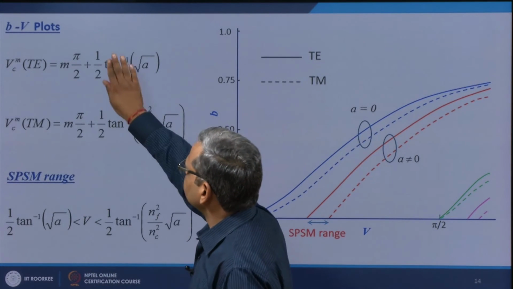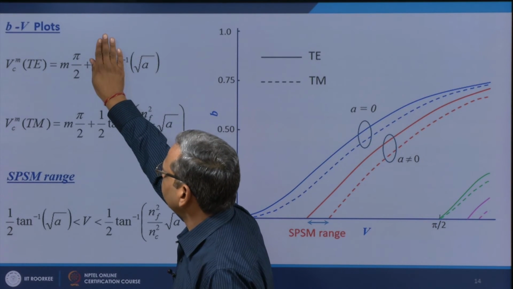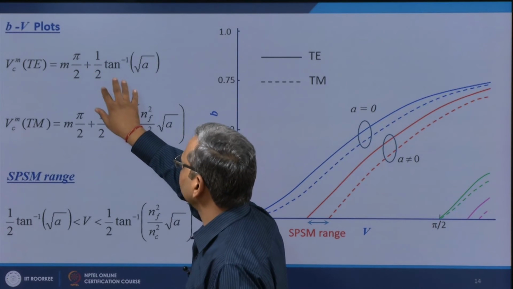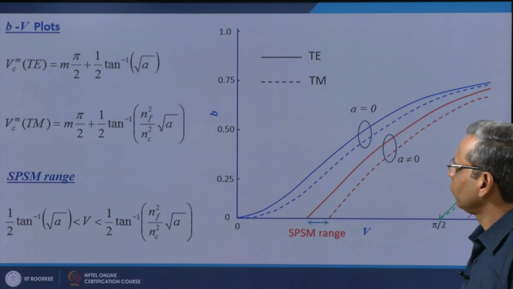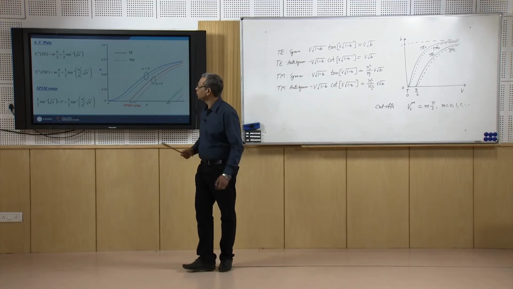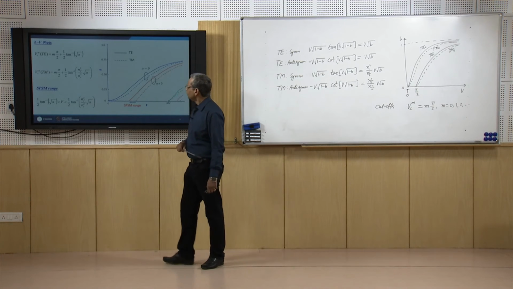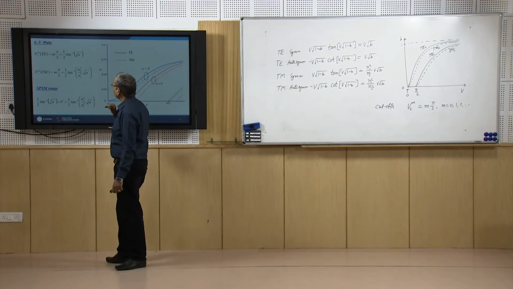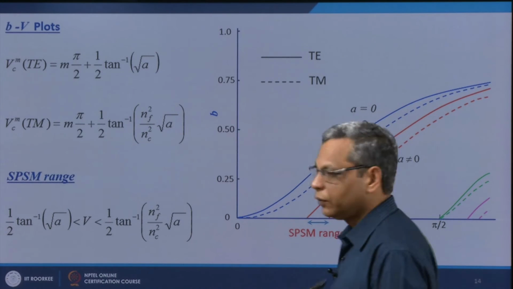If you look at the cutoffs, for the symmetric planar waveguide the cutoffs were m pi by 2, but now these cutoffs would be shifted by this amount, half tan inverse of square root of a, because of this asymmetry parameter. If a is equal to 0, then it becomes the symmetric planar waveguide. I also notice that the cutoffs of TE and TM modes are now different.